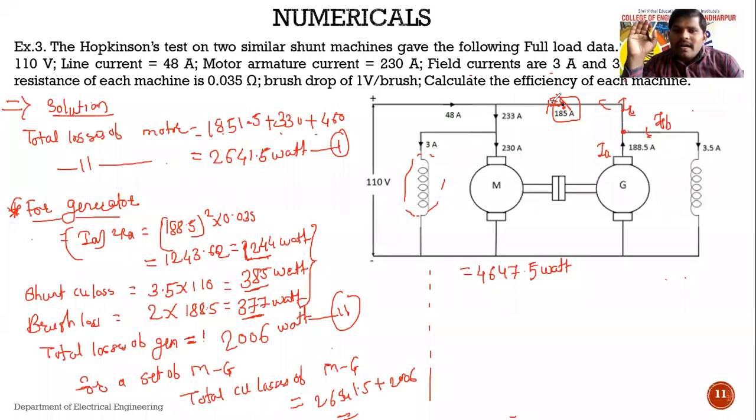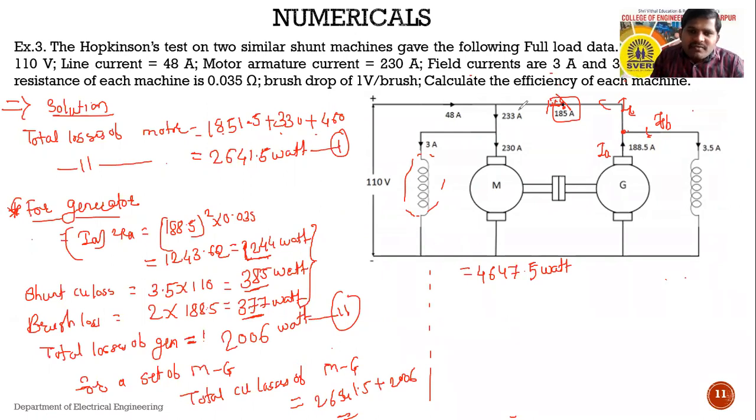So in that situation the machine can be considered as running on no load condition, right? When the generator switch is not closed, the machine is running on no load, and the power taken at no load is used only to overcome the no load losses.